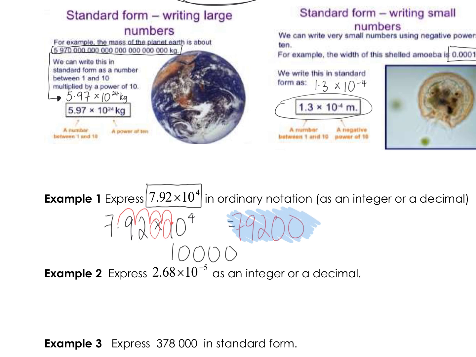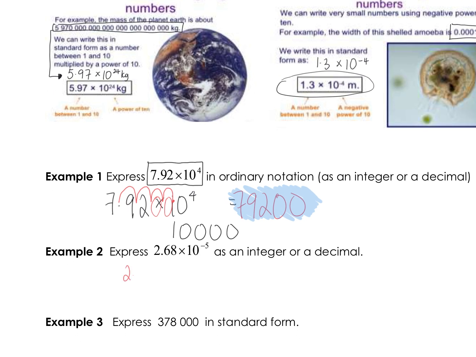No, for WA1 no, WA2 yes. Next one is if they put 10 to the power of negative 5. Remember we learned that this one is the same as 10 to the power of 5 at the denominator. So it's as good as saying that I divide by 5 zeros at the bottom.